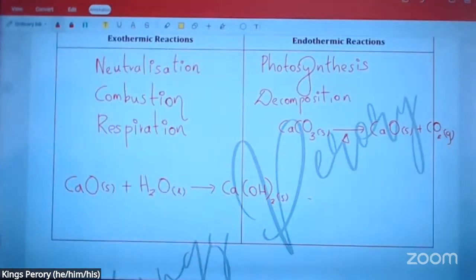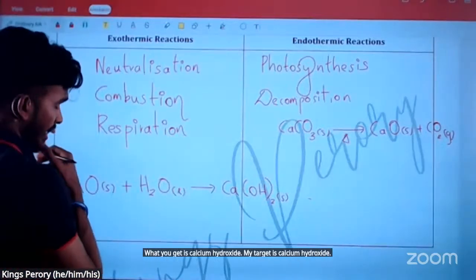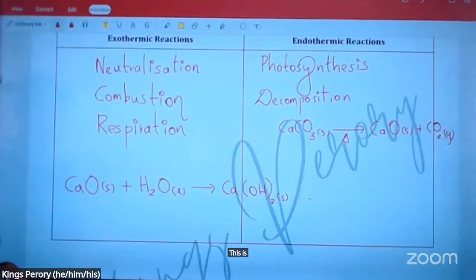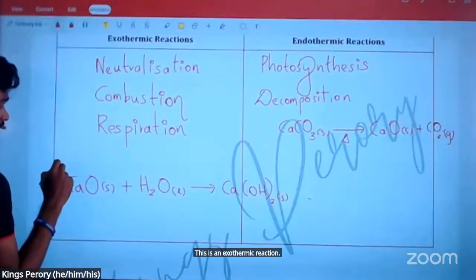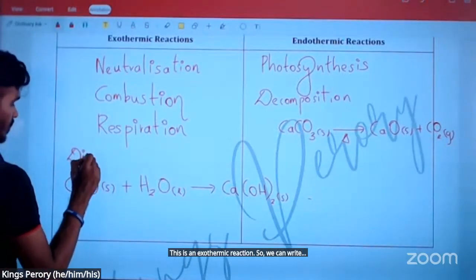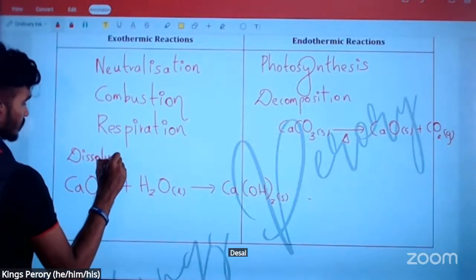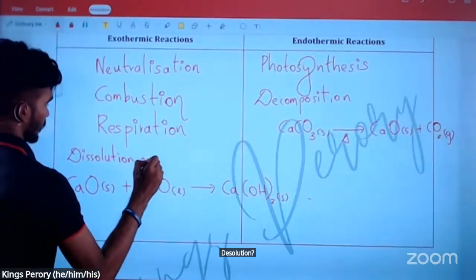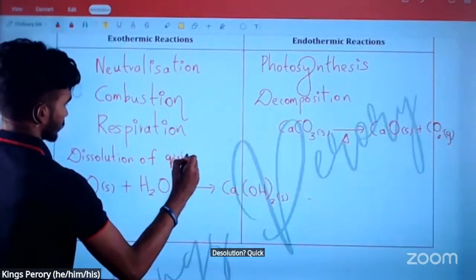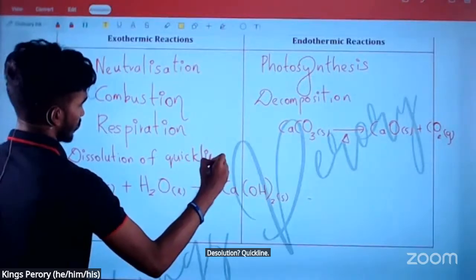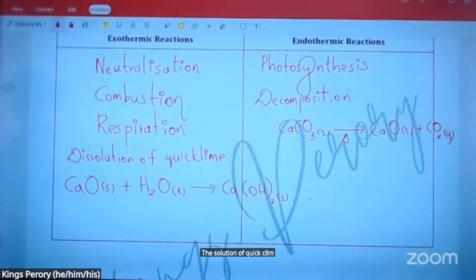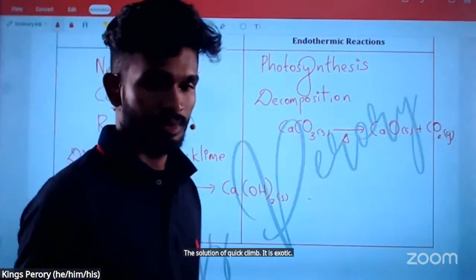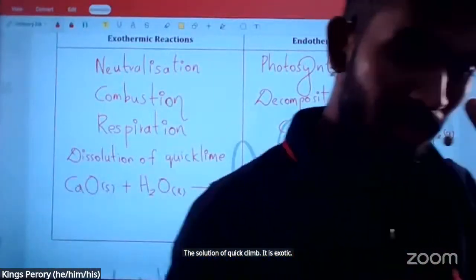This is an exothermic reaction. So we can write: dissolution of quicklime, it is exothermic. Write these exothermic and endothermic reactions.